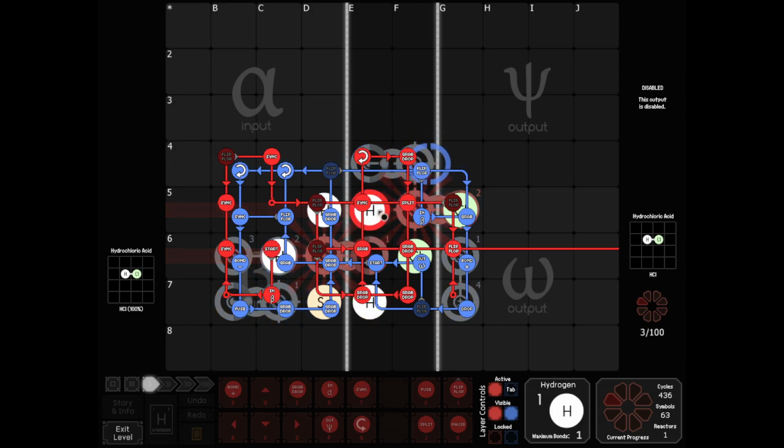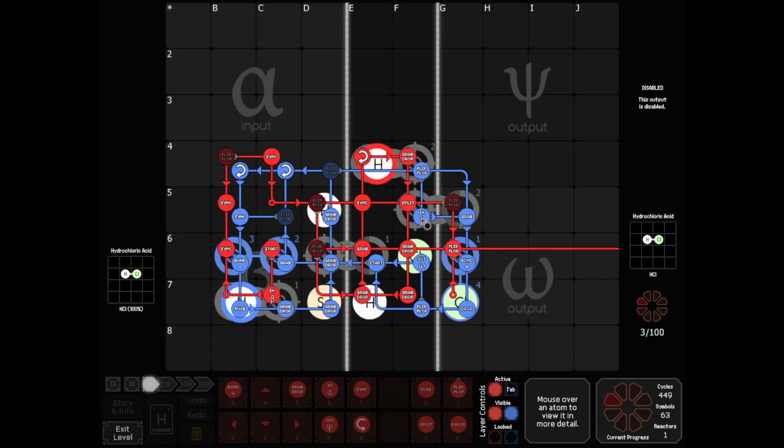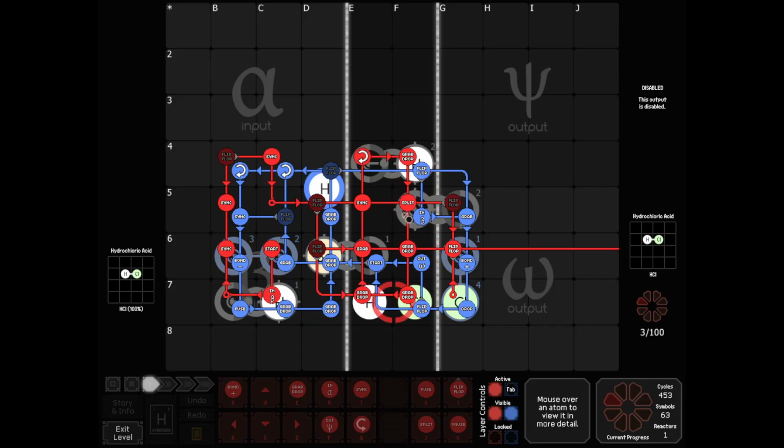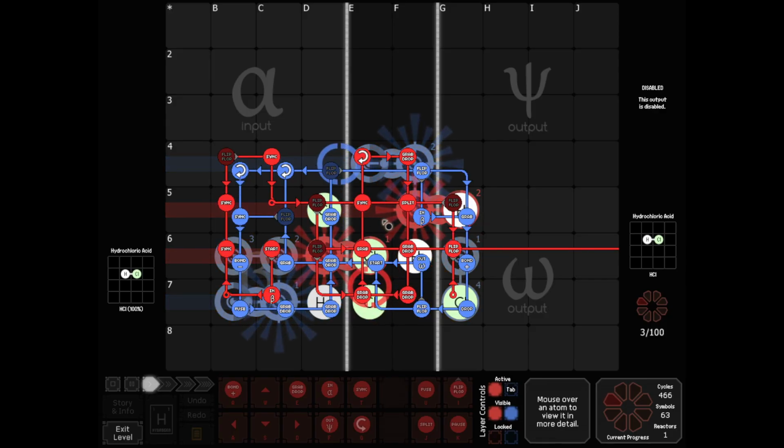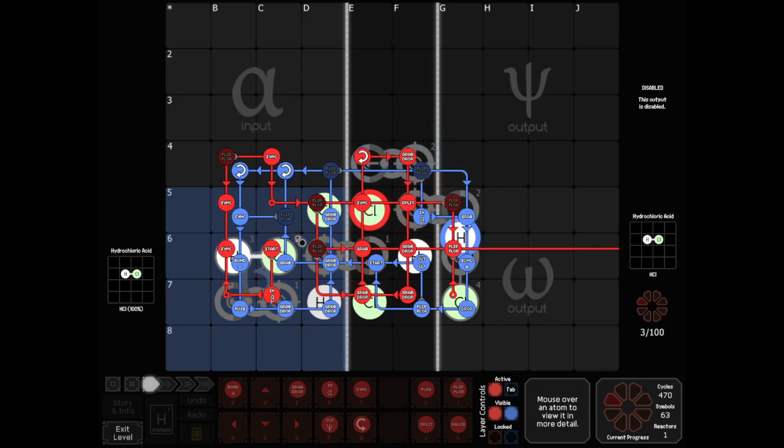So since blue's loop already includes an input symbol right here, if you make this a little bit slower, I think it should be possible to have blue start right here and red wait even longer.